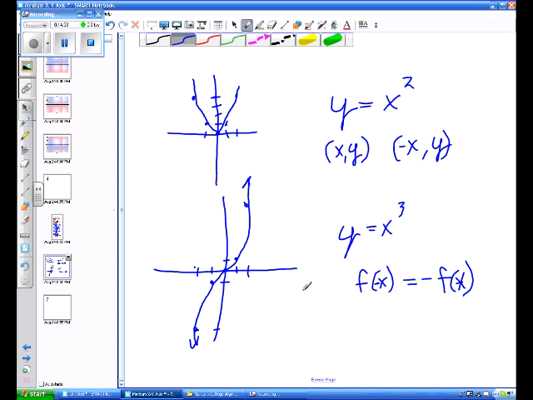And so we have then what's called an odd function, and deal with our symmetry that way. So we have odd and even, and we can tell if a function is odd or even by going through a test. And then knowing that a function is odd or even will help us as we begin graphing.